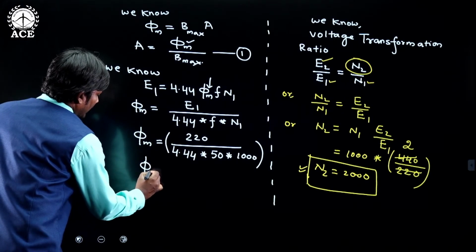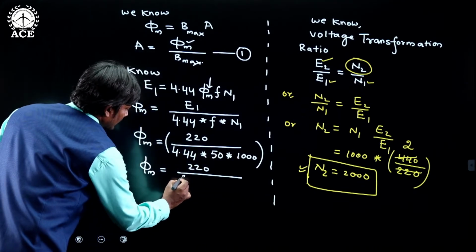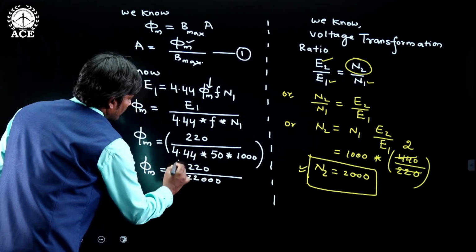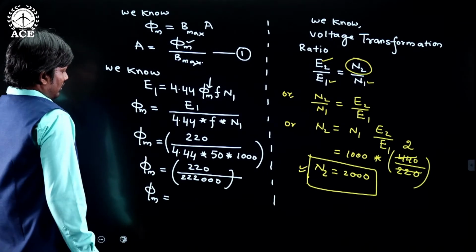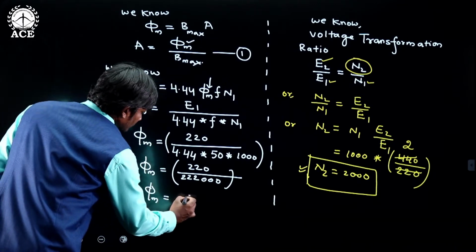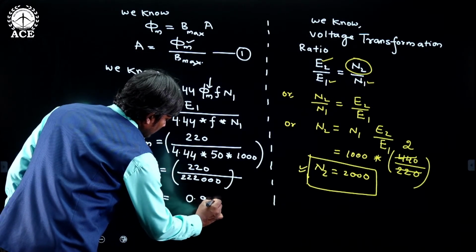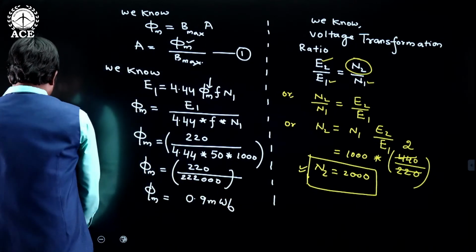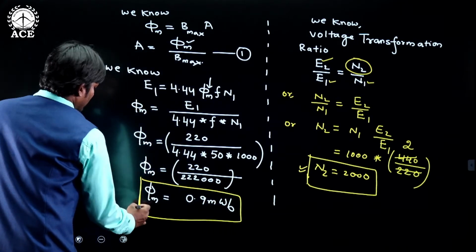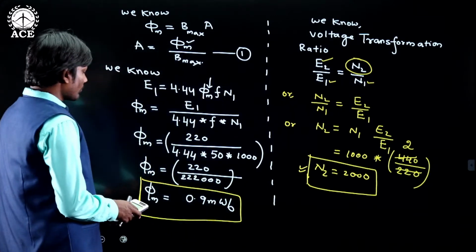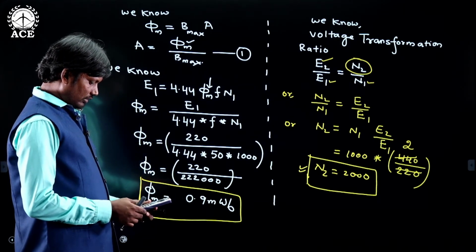What is the value of phi m? Phi m is equal to 0.9 milliweber. Verify once.